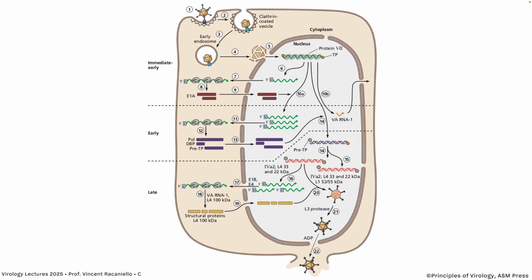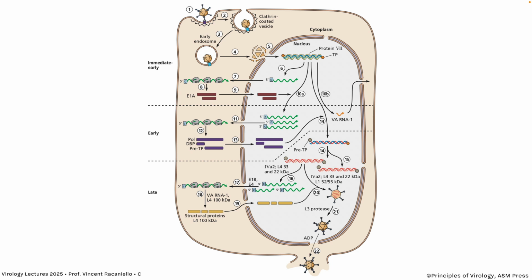So here's how this happens in a cell. We have immediate early, early, and late phases. Virus is internalized, the DNA gets in the nucleus. The immediate early mRNA is made. Only that one goes out into the cytoplasm. The protein is made, it goes back in the nucleus. It binds RB, frees up E2F, and now you can get transcription of the early mRNAs.